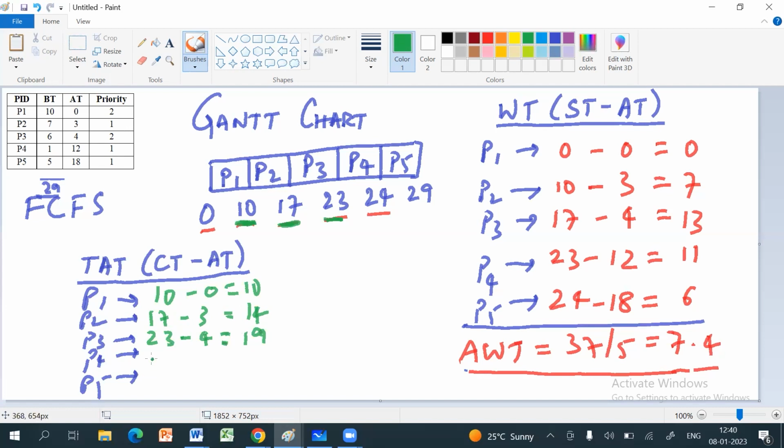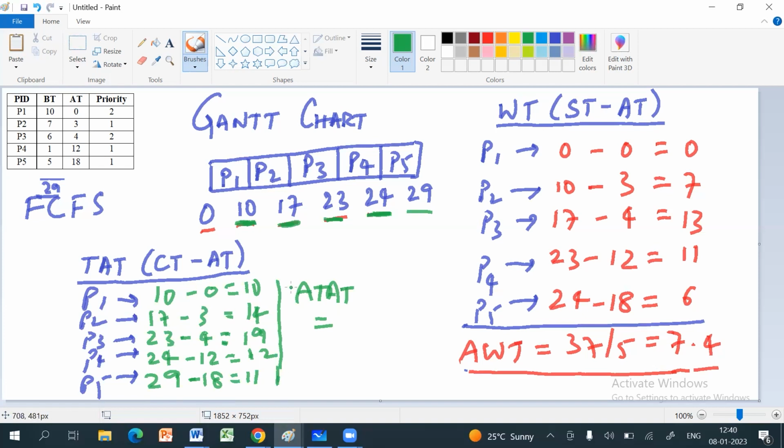Then followed by P4, completion time is 24. So 24 minus its arrival time, which is 12, gives 12. Followed by P5, completed at 29. So 29 minus arrival time 18, which is equal to 11. So now the average turnaround time is the sum of all these values divided by 5, the total number of processes.